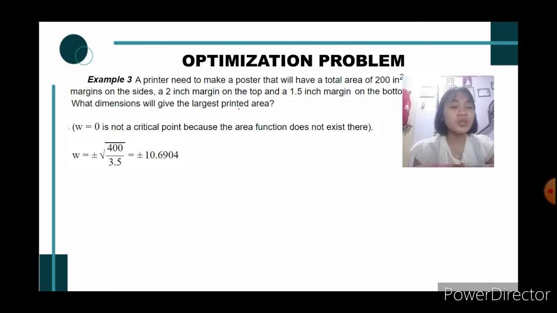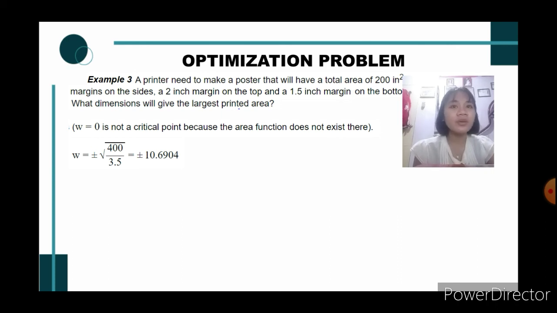And also notice that provided w is greater than 0, the second derivative will always be negative. And so, in the range of possible optimal values of the width, the area function is always concave down. And so, we know that the maximum printed area will be at w equal to 10.6904 inches.